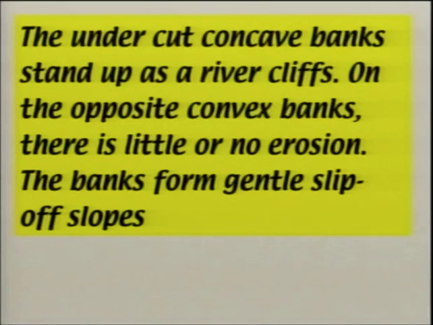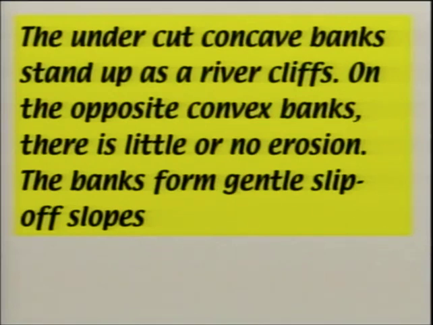On the bend where erosion is effective or dominant, what is created are river cliffs. Meanwhile, on the opposite bank, there is little or no erosion, and the bank would usually form gentle slip-off slopes.